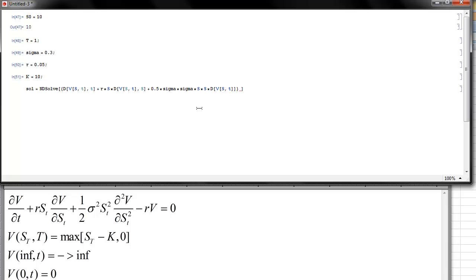But now how to tell Mathematica that it's gonna be the second partial derivative with respect to s. Well, you have to do this. You have to say s and 2. It basically tells Mathematica to perform second order differentiation with respect to s. Okay?